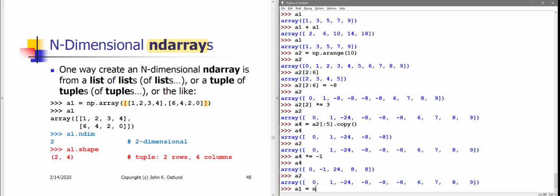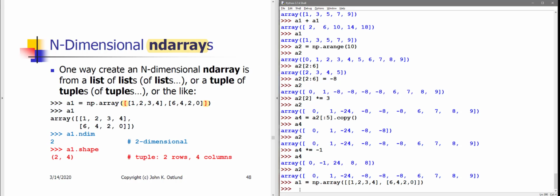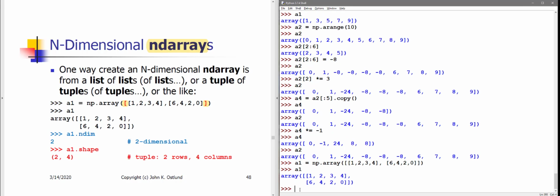A1 gets np.array, and I'm going to use a list of lists. 1, 2, 3, 4 is my first list, and my second list is 6, 4, 2, 0. All right, so there's my list of lists, and here's my closing paren on my creation function. And there we are. So now I have a two-dimensional array.